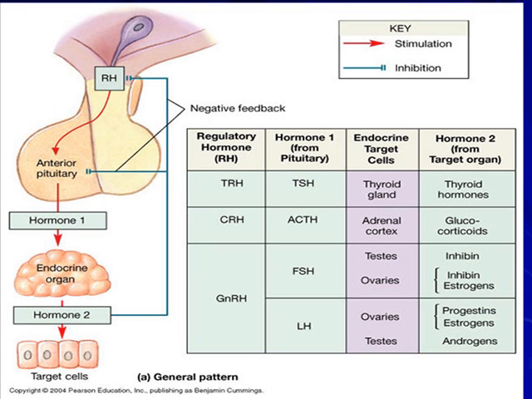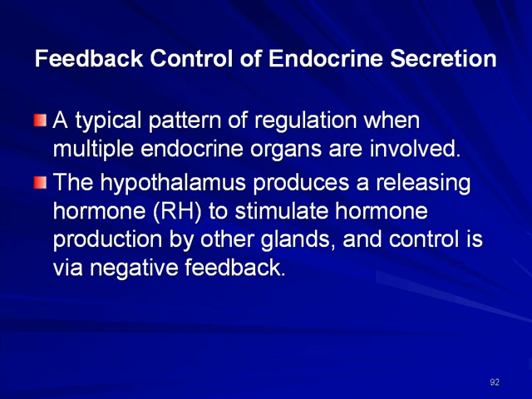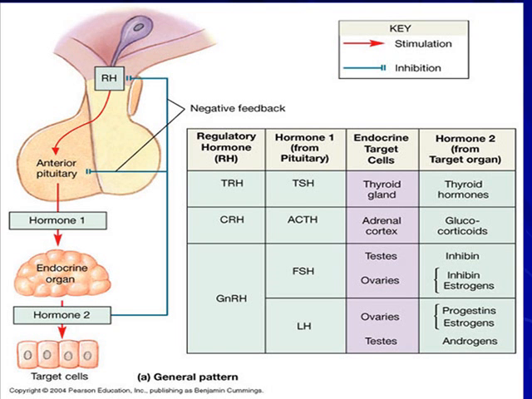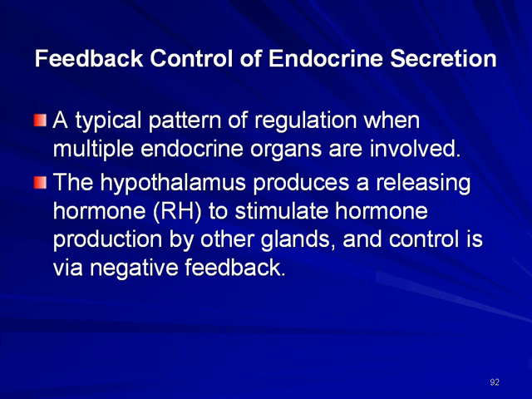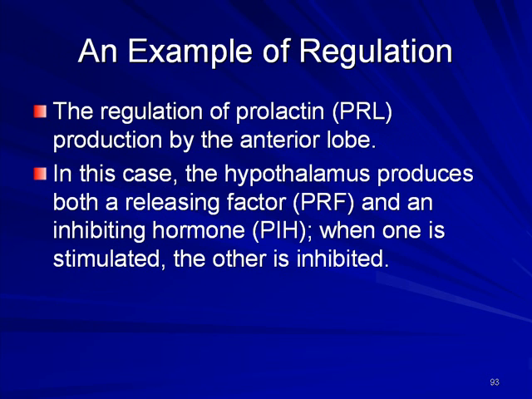And again, this is the illustration that I showed you earlier, demonstrating the different releasing hormones, the hormones that are stimulated from the pituitary gland, and their subsequent target organs.